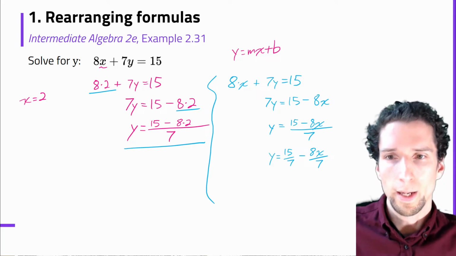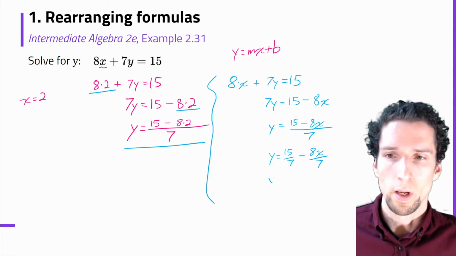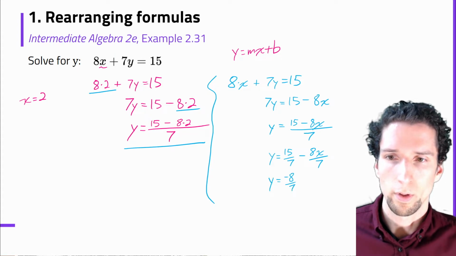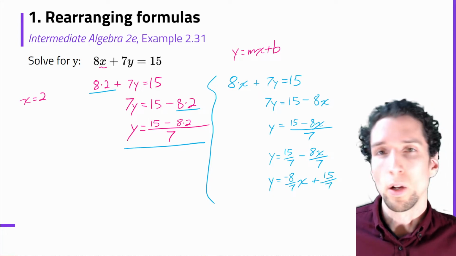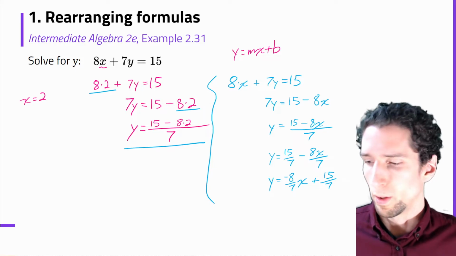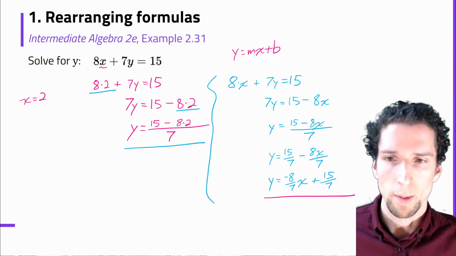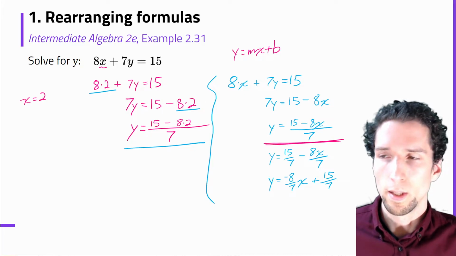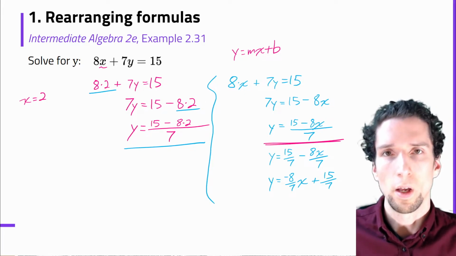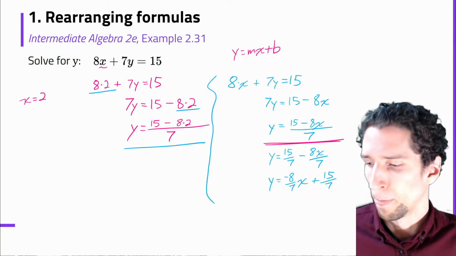But we want the x part to be first, so we'll just rewrite this as negative 8 over 7x, and then plus 15 over 7. So there's our mx plus b format here. But again, this version is done because we have solved for y technically.